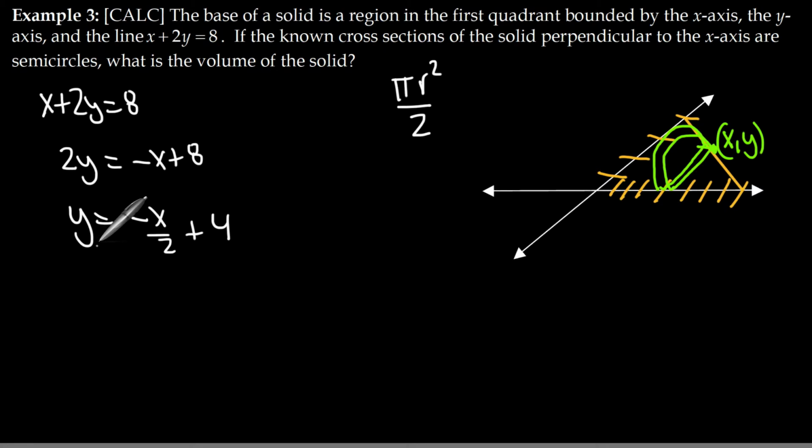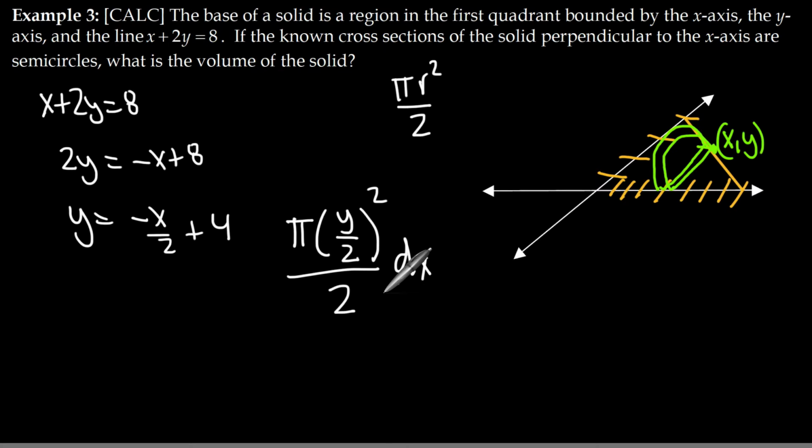Now, y is defined as negative x plus 4. So, actually, you know what? Let's not skip that. Let's just do pi, and then we'll take y divided by 2, and we'll square it. And then we need to divide it by 2 because it is a semicircle. And then we need to multiply that by the thickness of this, which is going to be dx.